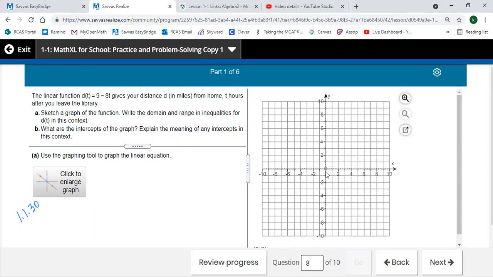So when t, the x is 0, that'd be up at 9 right there. And then if I put in a 1 here, that'd mean I would subtract 8, so I'd be down at 1. So when you put in a 1, we're down at 1. So that's how I would graph that. You can use lots of different other strategies, but let's see if that is coming out correct to start with.